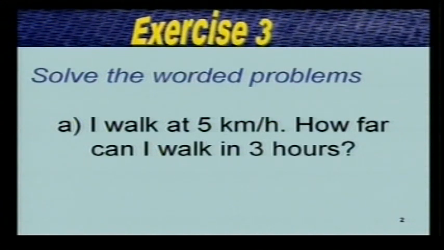All right, good. Evelyn. "15 kilometers per hour."